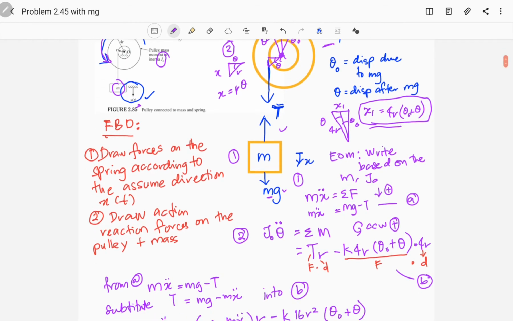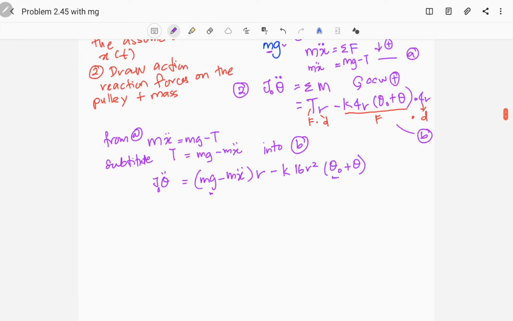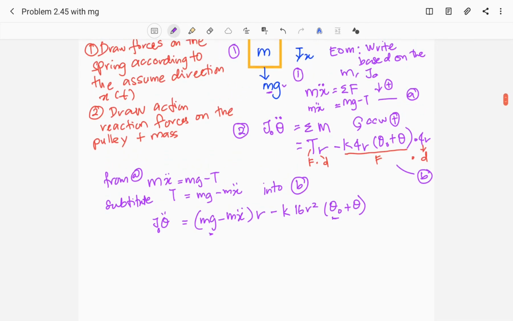So if you write in terms of moment mgr, there's another relationship. Your mgr is basically equals to your k times 16, so basically your kx square just now, so you have your 16r square times theta naught.